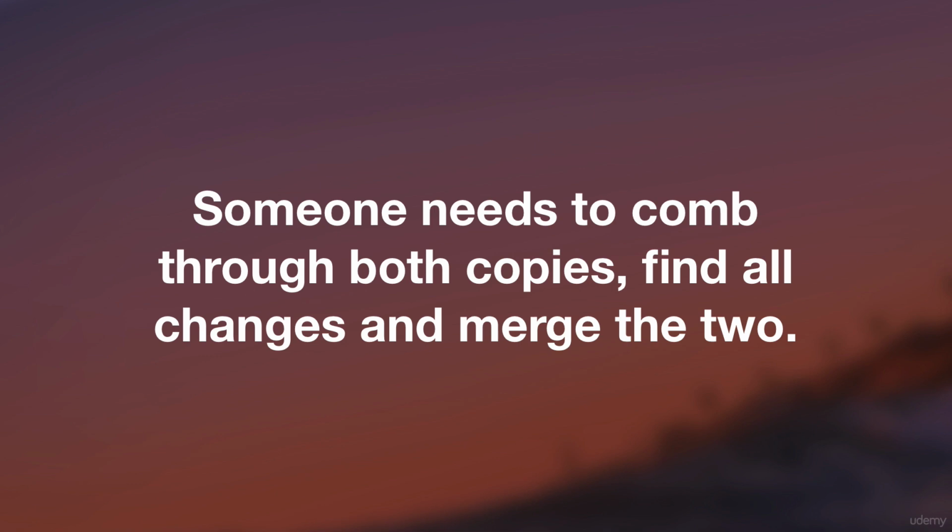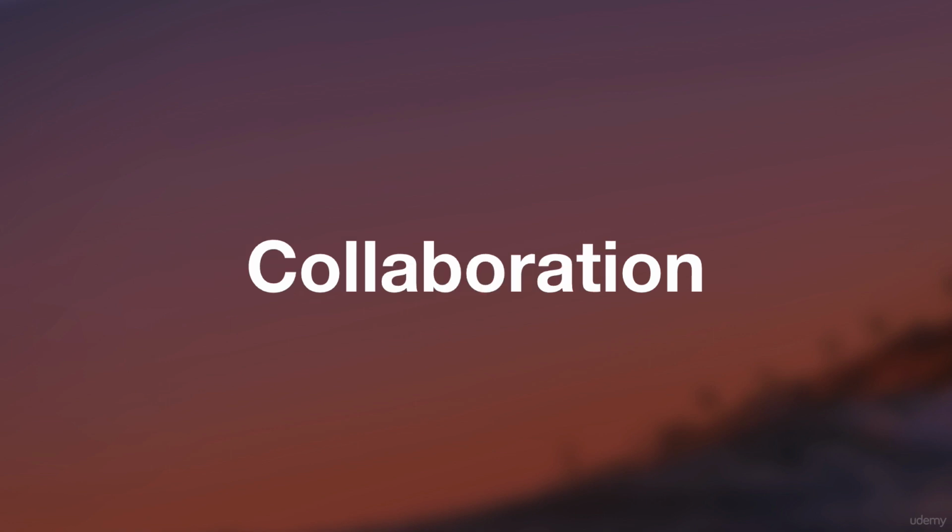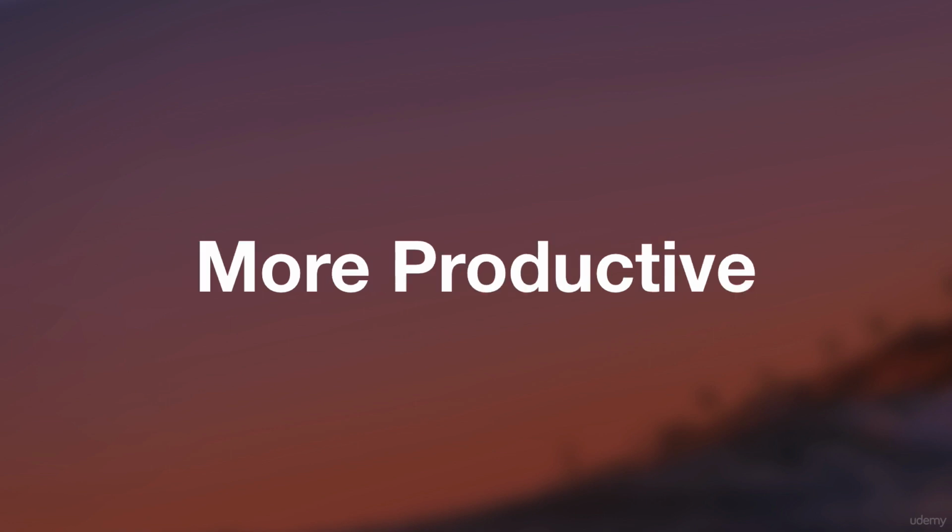So no matter how it's sliced, one of you is going to have to do a bit of tedious, miserable work of sort of combing through things and merging them together. Now that process of tracking the changes and comparing and merging is exactly what Git does for us. So that example was just a long-winded way of saying that Git makes collaboration very easy, and it allows you to be more productive when working in a team.